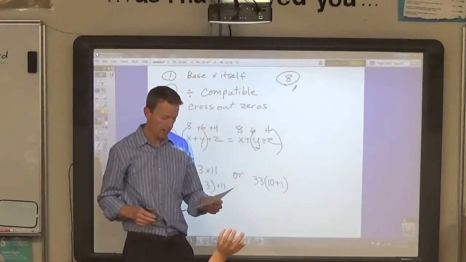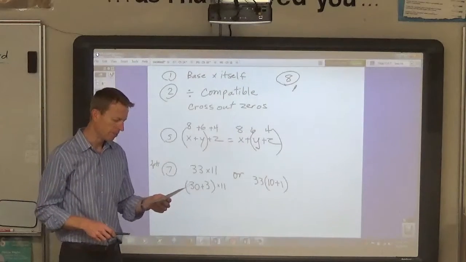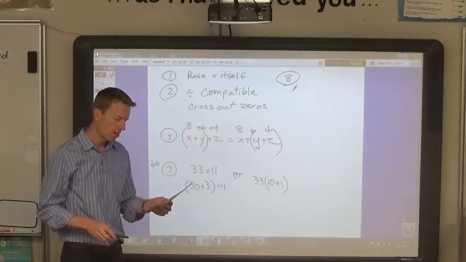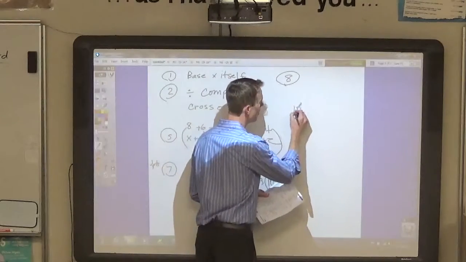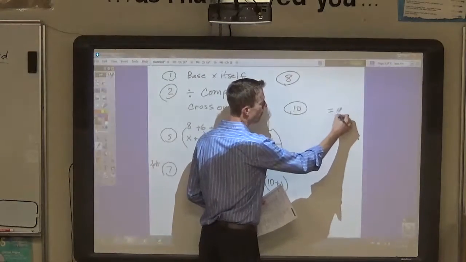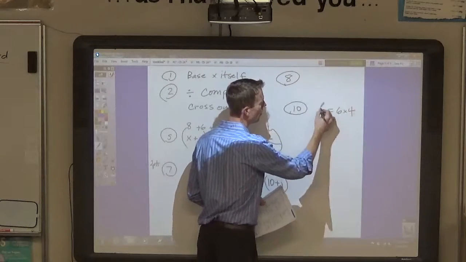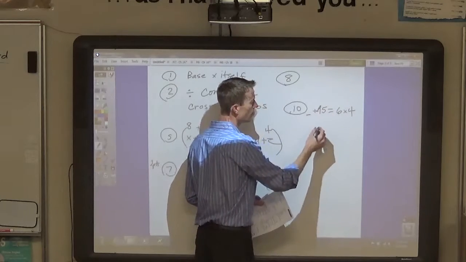Number 9, place value, I think you know that one. Number 10. In number 10, it's asking you to find a number that's equal on the other side to this side.